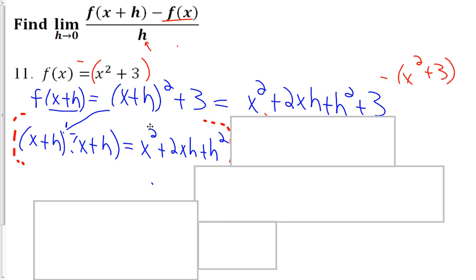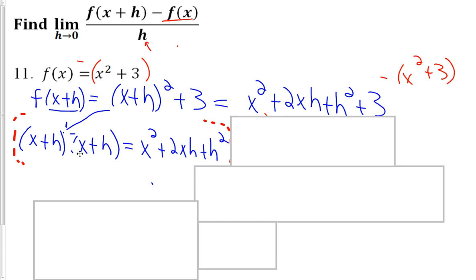So that is x plus h quantity squared, and that got plugged in right where the x plus h squared was, plus 3. It is possible for x to appear more than once, so make sure if it does, if this was plus 3x, we would plug in x plus h for that x as well.